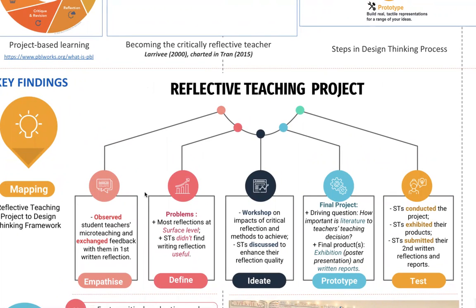The design of the reflective teaching project for senior student teachers can be easily mapped to the 5 steps in the design thinking process, as presented above. Now, in the first step, empathize, I myself, as the designer, observed my student teachers in their micro teaching, and I also exchanged feedback with them in the first written reflection.